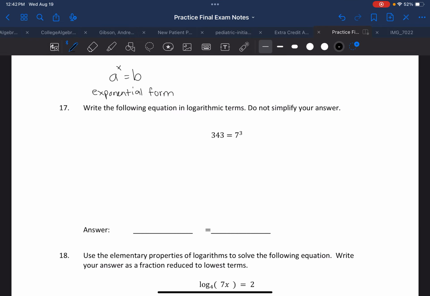And we can always go from exponential form to logarithmic form and backwards, by using the logarithmic form, which is log base a of b equals x. So this is called logarithmic form.